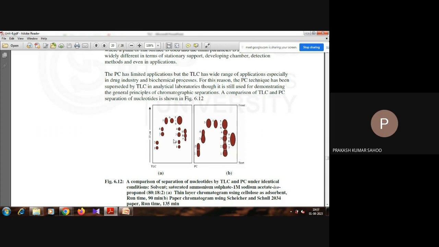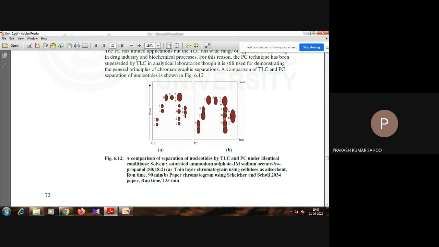But in TLC, as this is just an adsorption phenomenon, and this is a silica gel platform, we're having some slurry with your calcium sulfate, that is plaster of Paris. And this technique is very fast, inexpensive, and reliable, and much more effective than your paper chromatography.